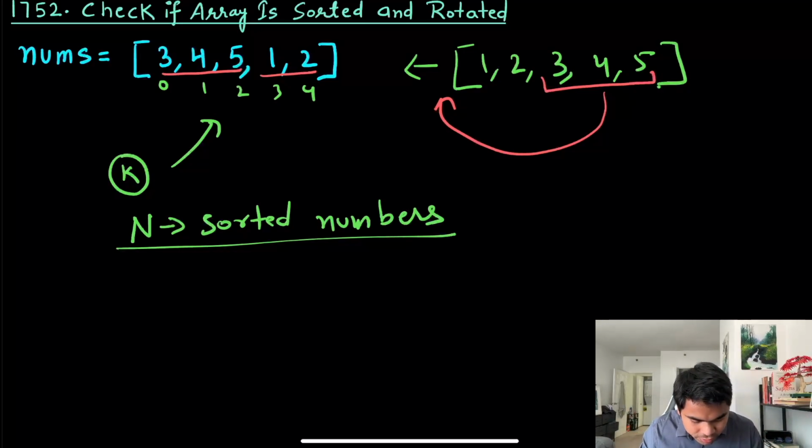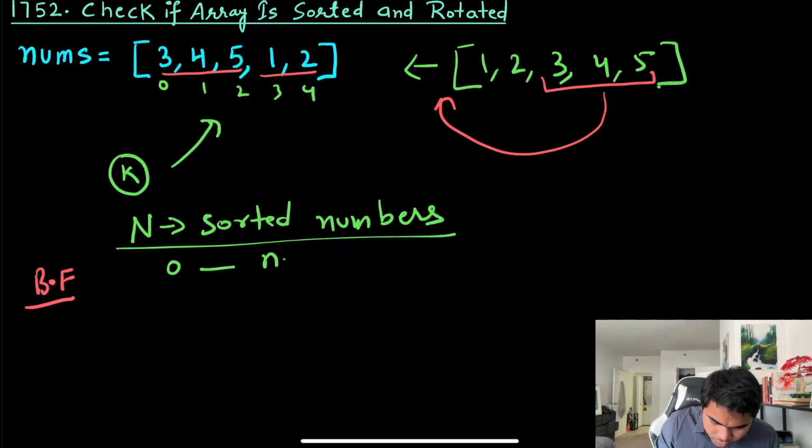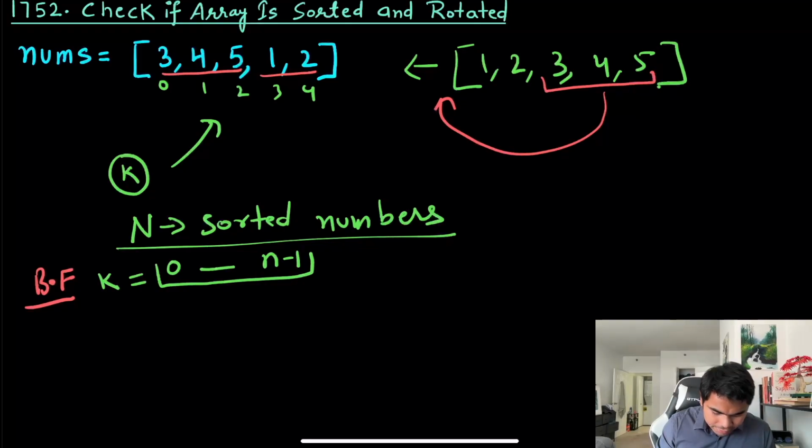So what I'm trying to say is I do not know what is that position where the rotation happened. So that is why, in my brute force solution, in this range from 0 to n minus 1, I will choose a k, and at that index I will start iterating over the array.